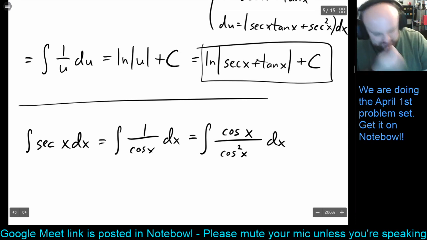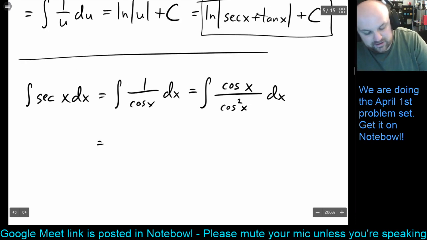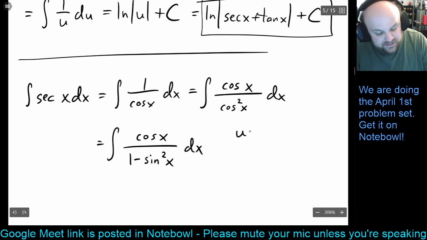And then on the bottom, we use the trig identity to swap this over to 1 minus sine squared. And then it becomes a u sub.